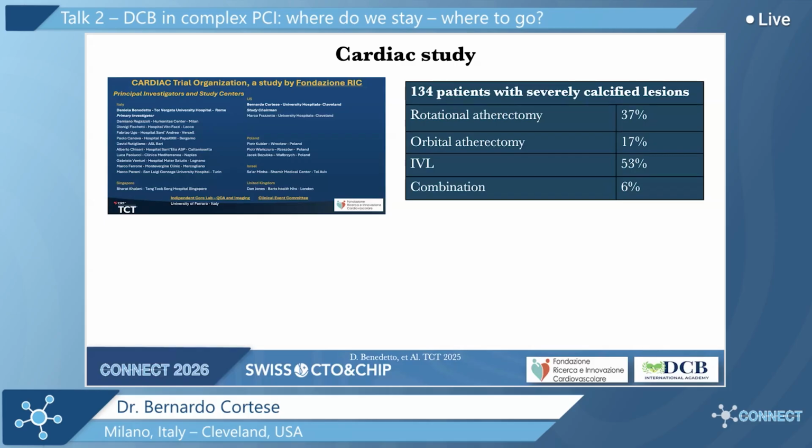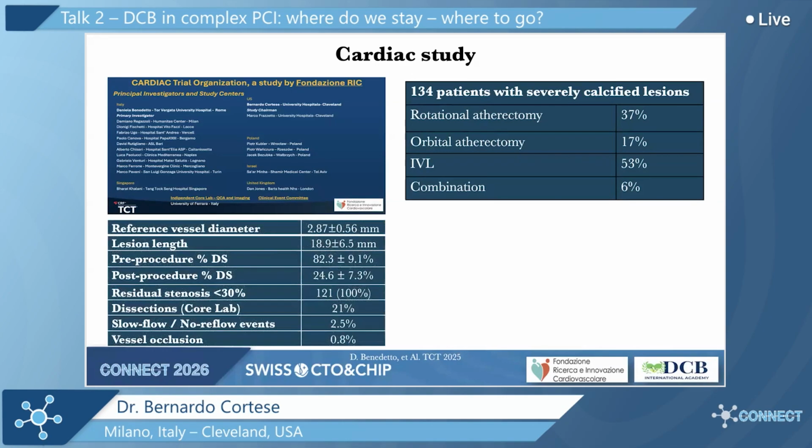So for obtaining this information, we had a core lab assessment of all of the angiographies of the patients enrolled into this study. And very interesting, I have to say that these centers were experienced in DCB.